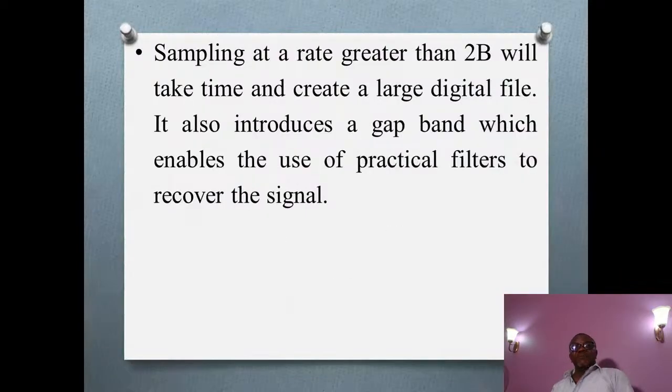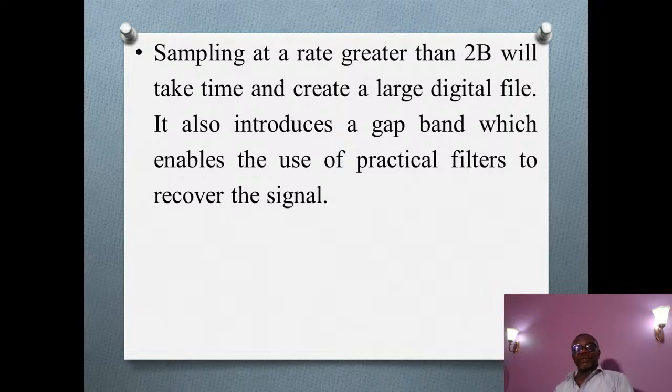Again, if we sample at a rate greater than the Nyquist rate, we will have so much information that it will take a large digital file to accommodate.